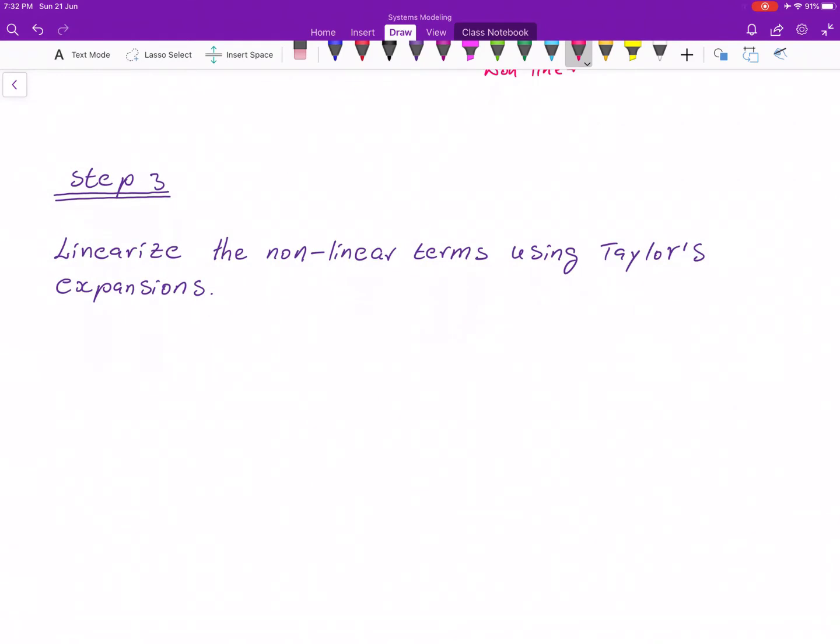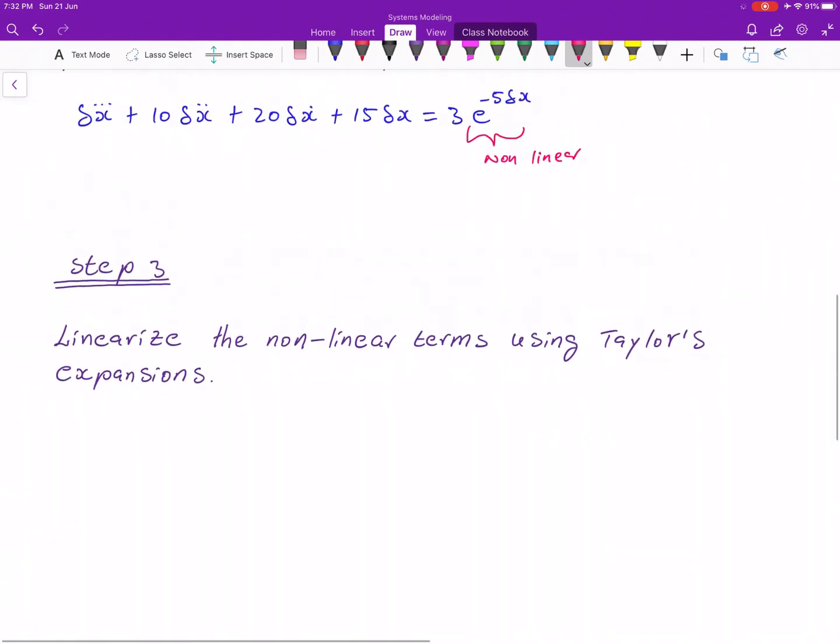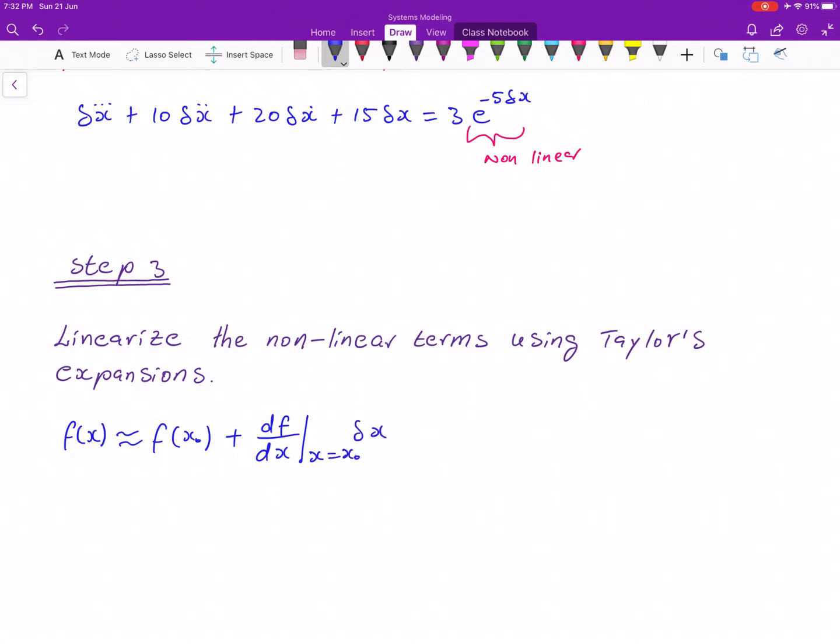Linearize the nonlinear term using Taylor's expansion. So we know from Taylor's expansion that f of x is approximately f at x naught plus, then we differentiate our function with respect to x, and we evaluate that at x equal to x naught, times delta x.